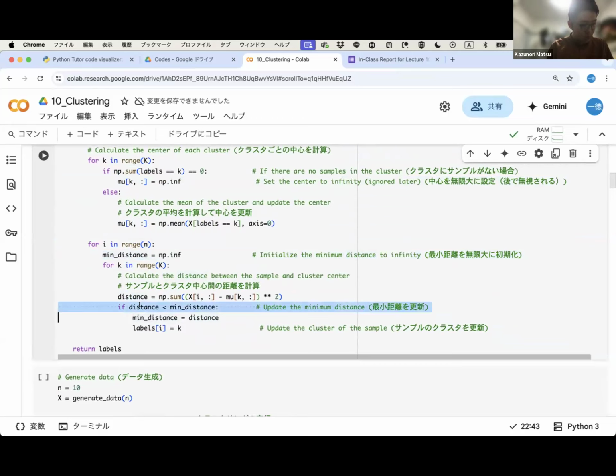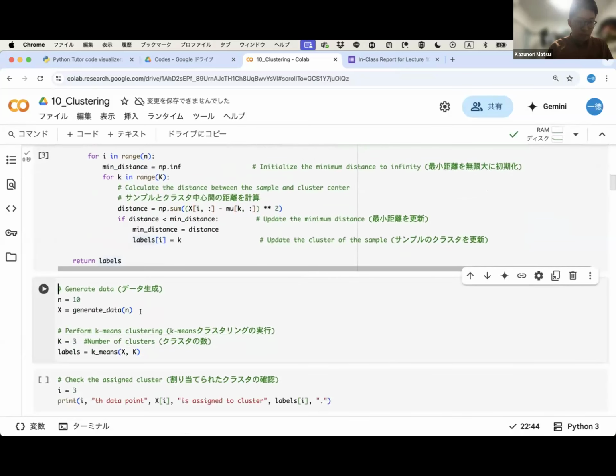When it becomes a minimum value, that is, when it becomes the closest coordinate, we update the cluster of the sample. That means when it's closer to the cluster center k, we update the label to k.